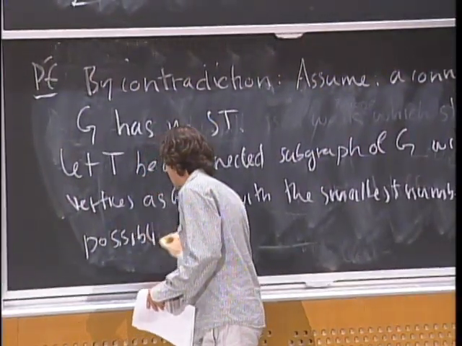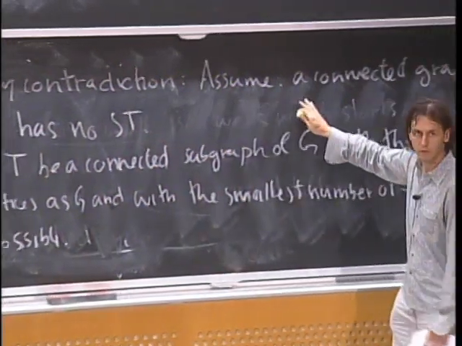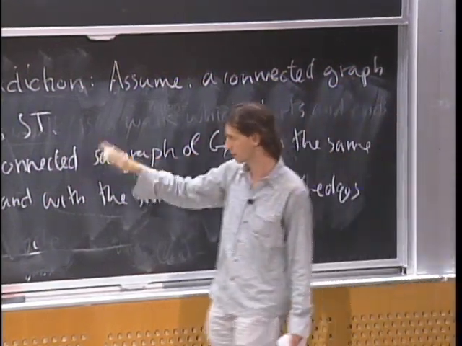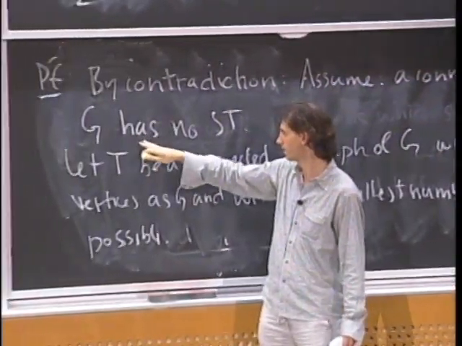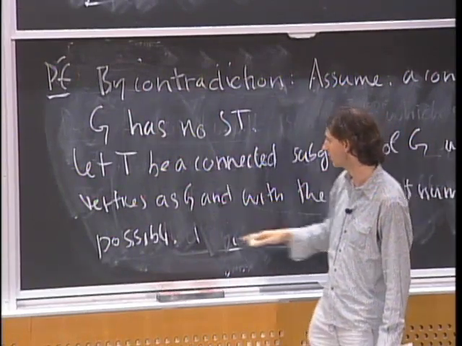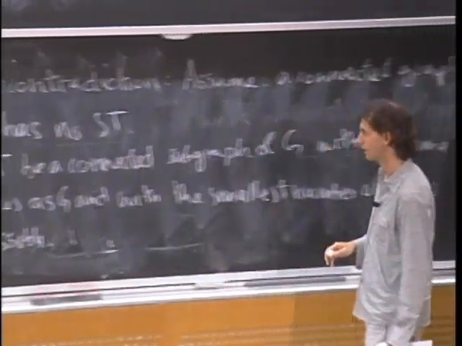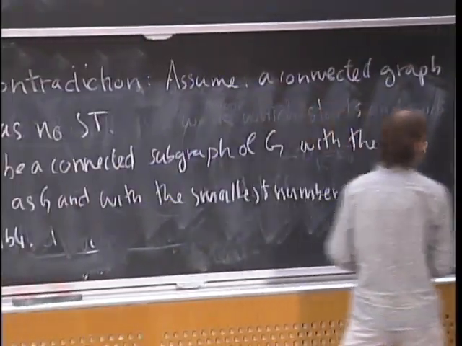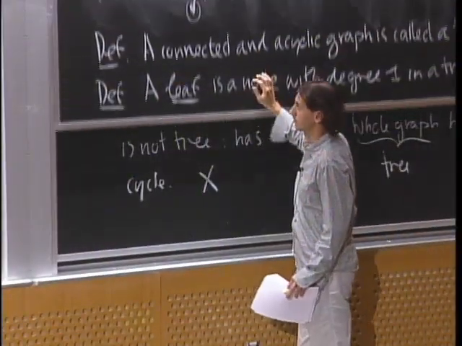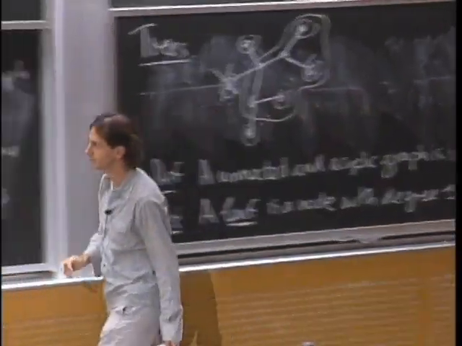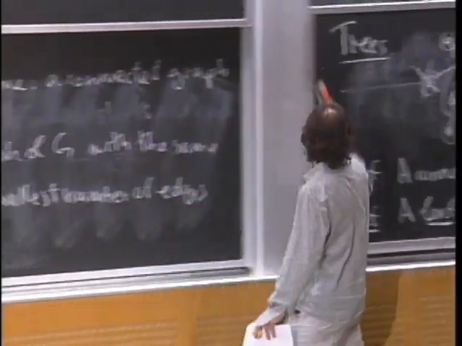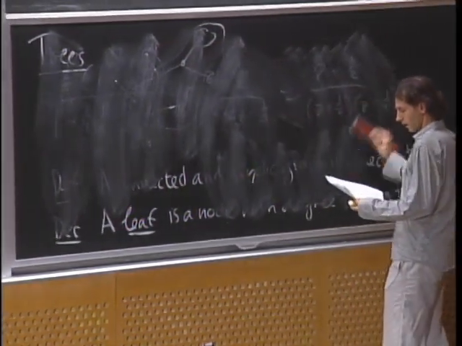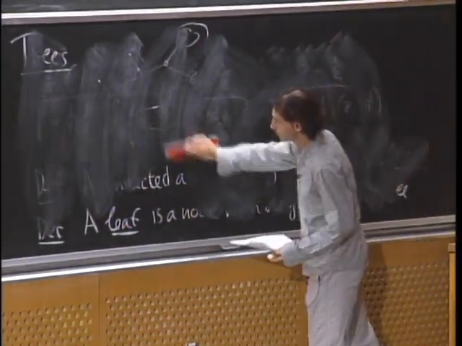Okay. So what do we know? Well, let's look at our assumption here. We said that we consider a connected graph G for which there is no spanning tree. So what do we know? We know that this particular T over here can definitely not be a spanning tree, because that's what we assume here. So can we use this? So let's think about this. If it is not a spanning tree, then what must it have?